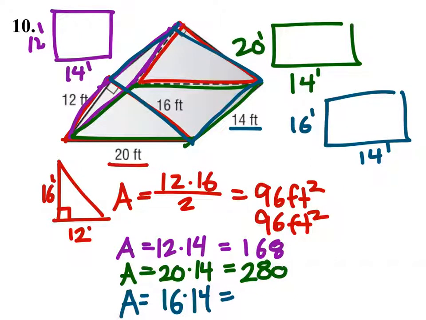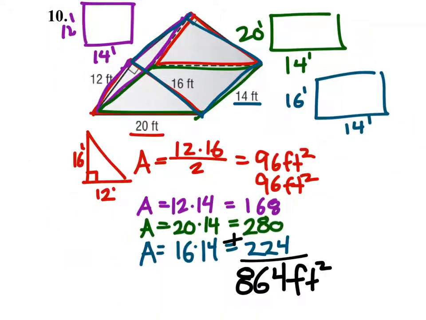So it's 16 times 14, which on my calculator gives me 224 square feet. The last thing I need to do is just add all these together, and that would give me the total surface area of this three-dimensional triangular prism. And that appears to give me 864 square feet, which would be the total surface area of this triangular prism.